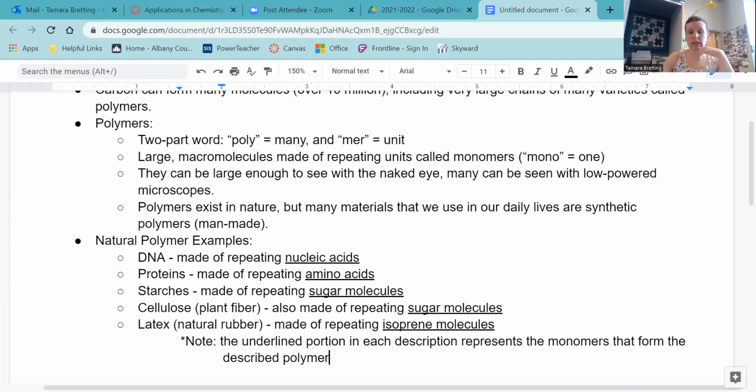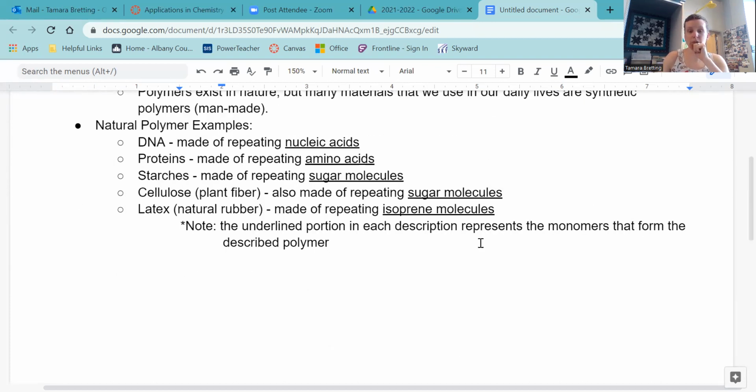The underlined portion in each description represents the monomers that form the described polymer. So DNA is the polymer, the nucleic acid is the monomer, proteins are the polymer, amino acids are the monomer. I want you to have that reference, that this underlined piece is the monomer that makes up each of these natural polymers we were listing here, okay?